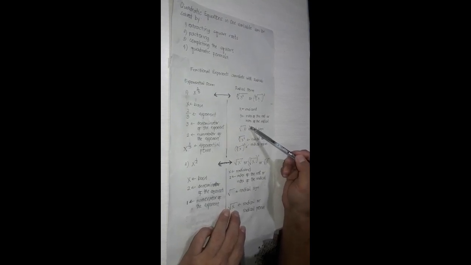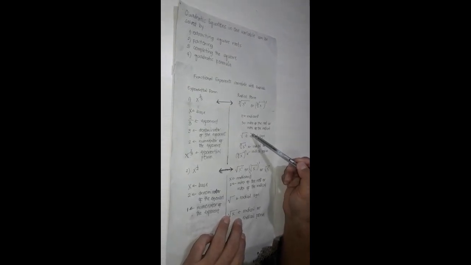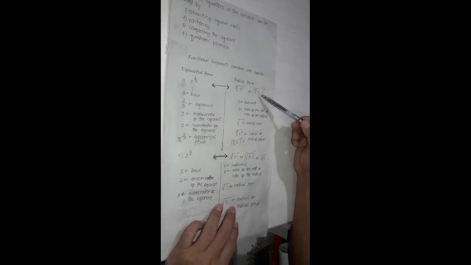So this is the radical sign for a fractional exponent. The cube root of x squared is known as the radical expression or the radical form, as is the quantity squared of the cube root of x.